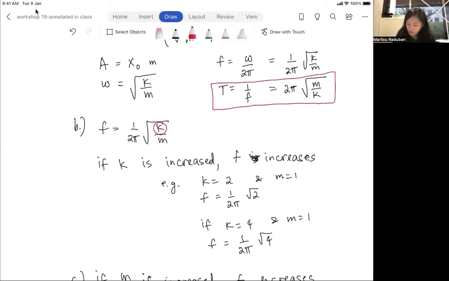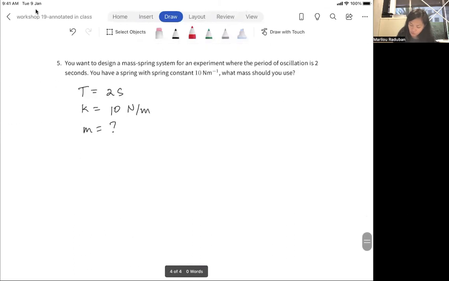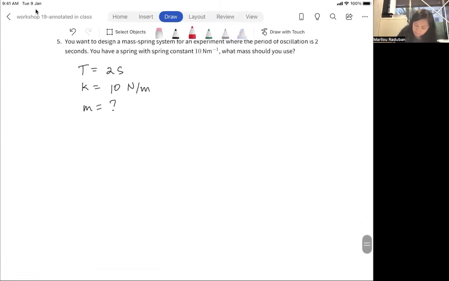We've answered this earlier. The period is equal to 2 pi times the square root of mass over the spring constant. So let's use that equation. Period is equal to 2 pi times square root of mass over the spring constant.